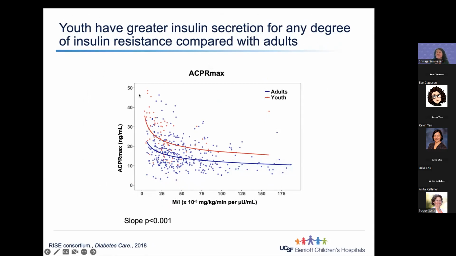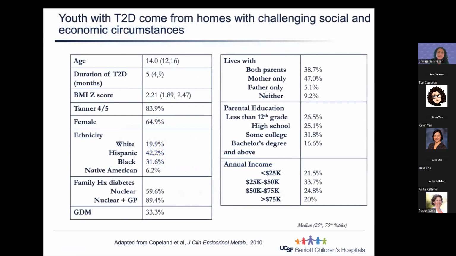And it is this beta cell hyperresponsiveness that is thought to be leading to early beta cell burnout and an aggressive disease course in youth compared to adults. So this is one of the key pathophysiological differences between pediatric and adult onset forms of the disease.